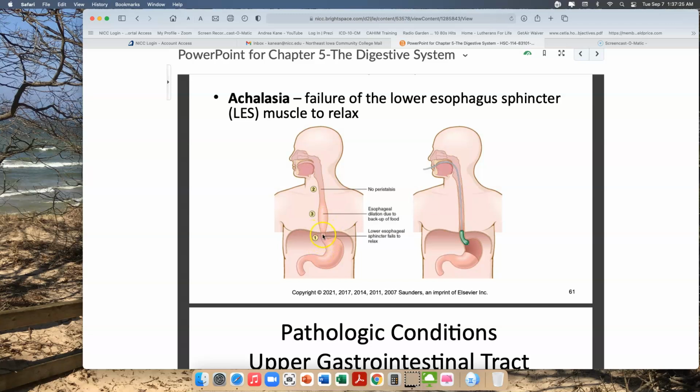When the lower esophageal sphincter fails to relax, it's going to result in food backing up and no peristalsis. And so what they have to do is go down there and push whatever's blocking it through, if that's a food bolus, or they may have to go in and actually stretch the esophagus so that the narrowing is dealt with.